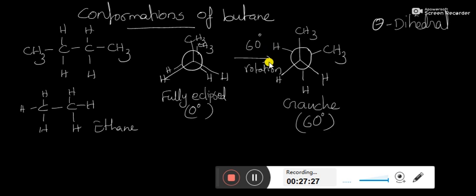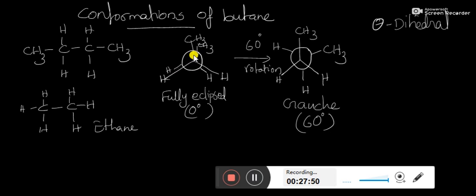That is a staggered conformation. Gauche and anti conformations are collectively staggered conformations, and this is our eclipsed conformation. In eclipsed conformation, it experiences a torsional strain.